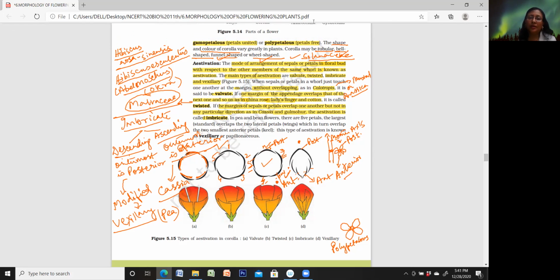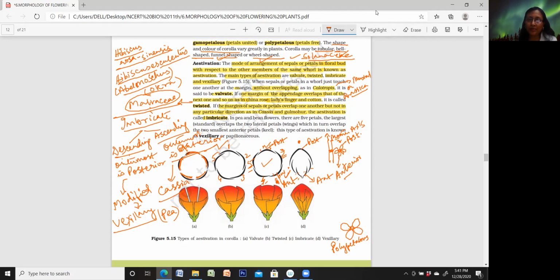Now look at this. Now this becomes a posterior, and the one which was posterior has now become anterior, and automatically the name will change and you will start calling this descending imbricate. So this is how it is.